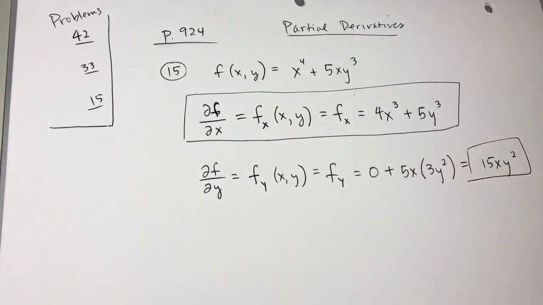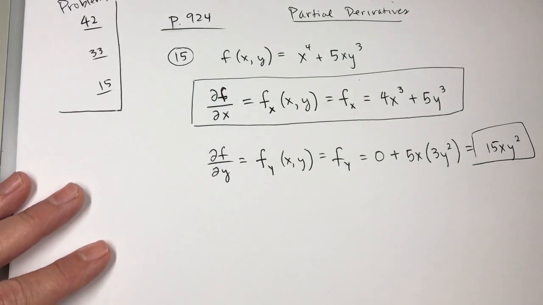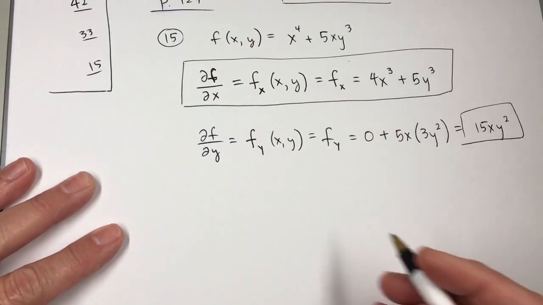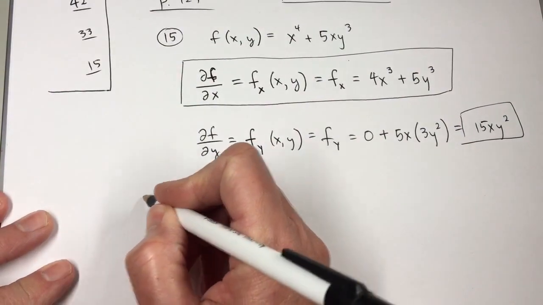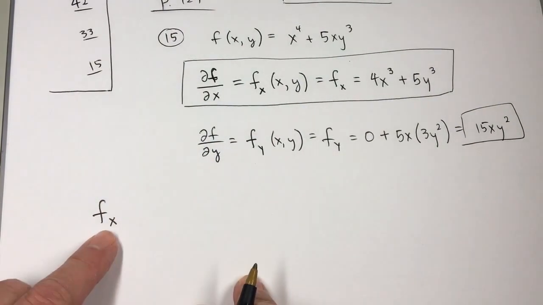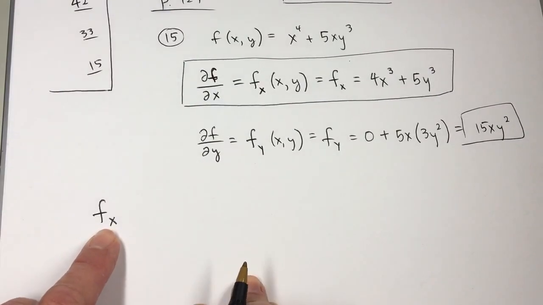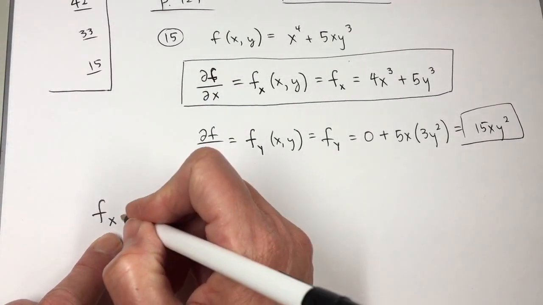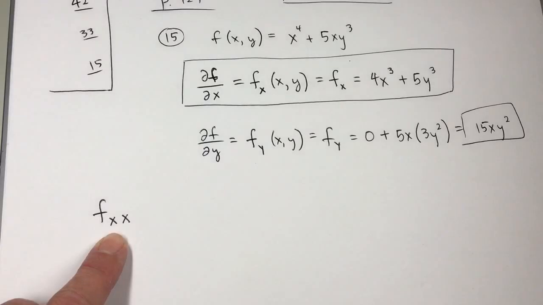So if I take a look at some of the second derivatives, I have to do the first derivative. This would be the partial with respect to x, and then I'm going to go the partial with respect to x again.